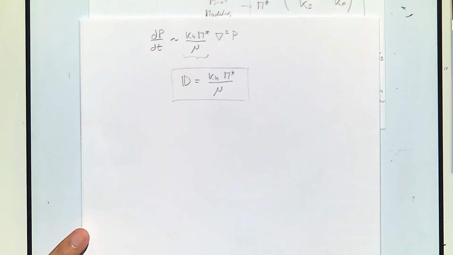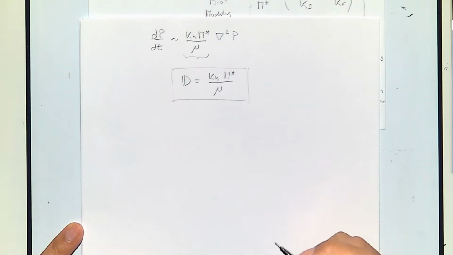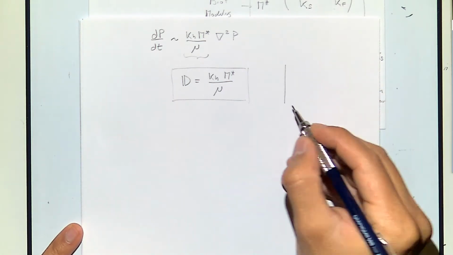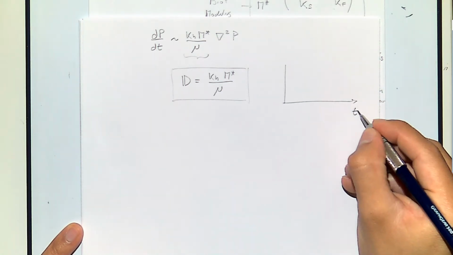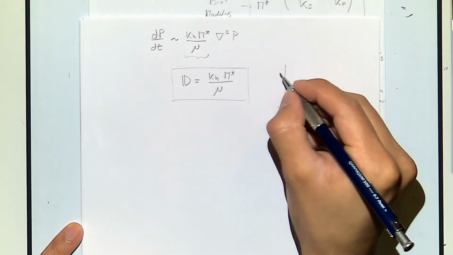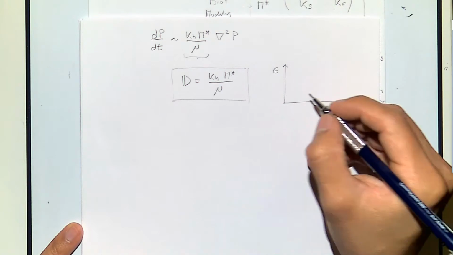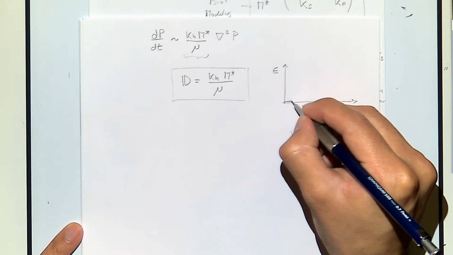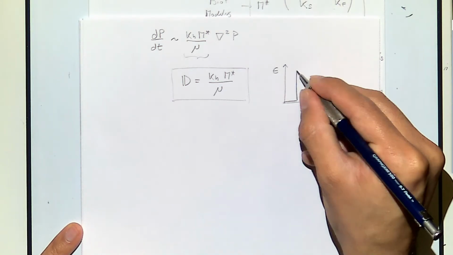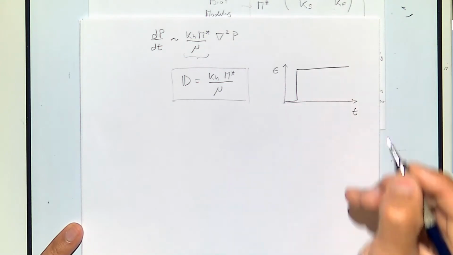And we can simplify this further and say, assume for a typical load, imagine that as a function of time, we apply a strain which starts with 0, but then changes suddenly to some value.